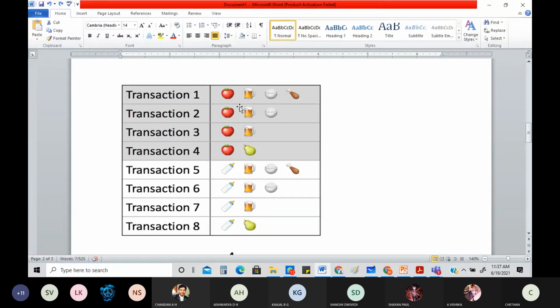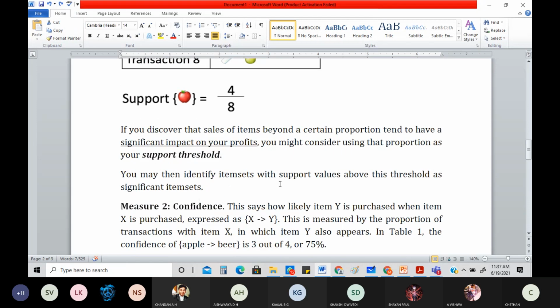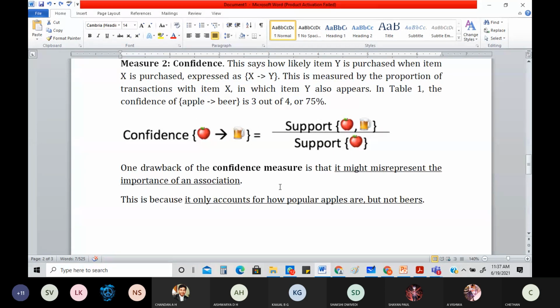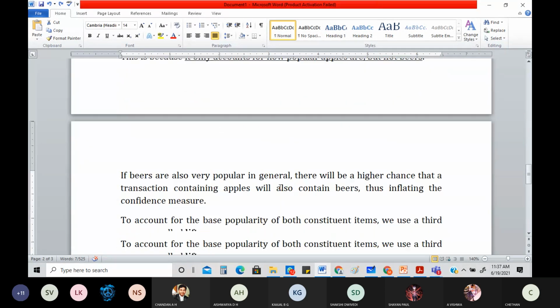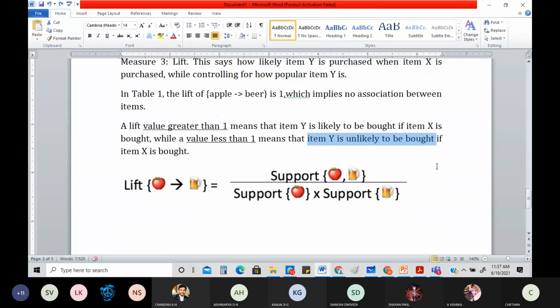Support of the two things together is only 3. So the numerator here will become 3, divided by the support of this one, which is 4, into the support of this one, which is 6. 4 into 6 is 24. Is it more than 1? No, it is less than 1.